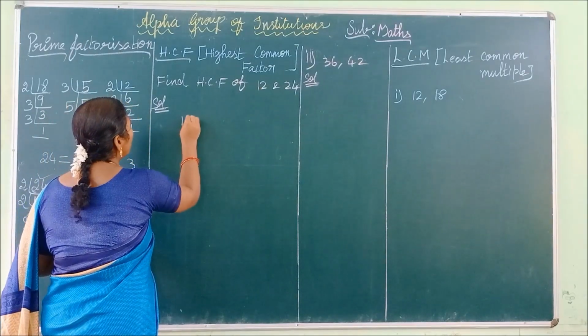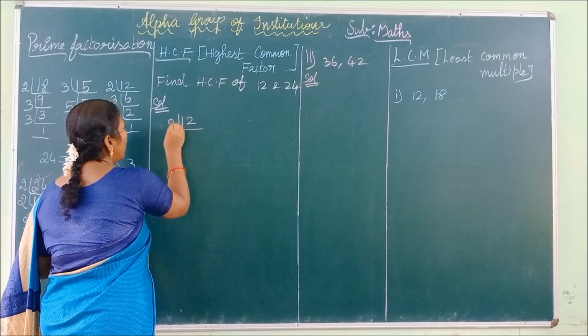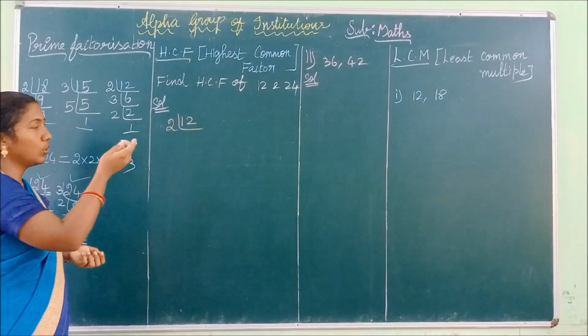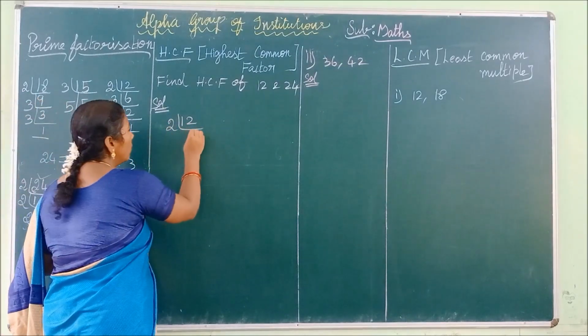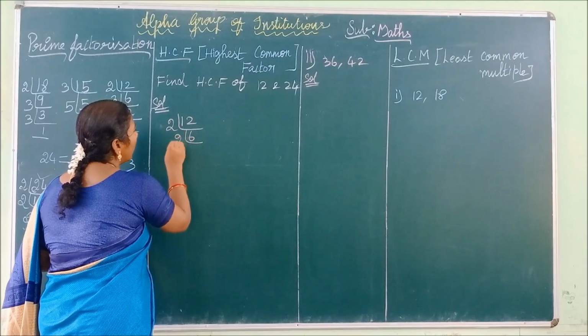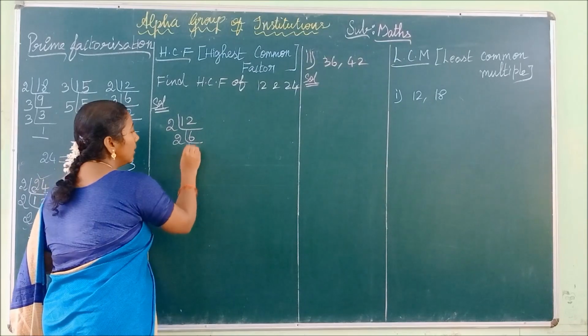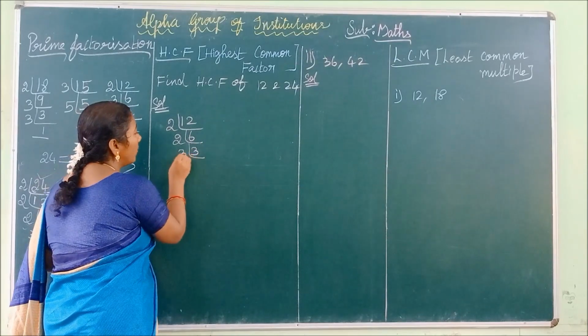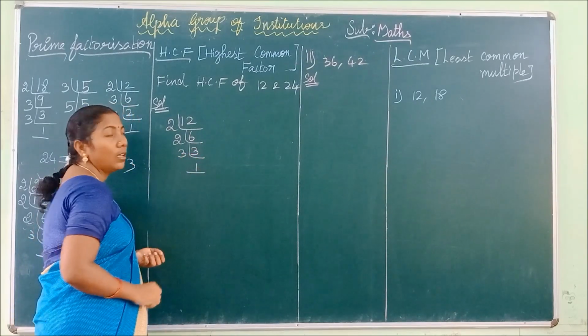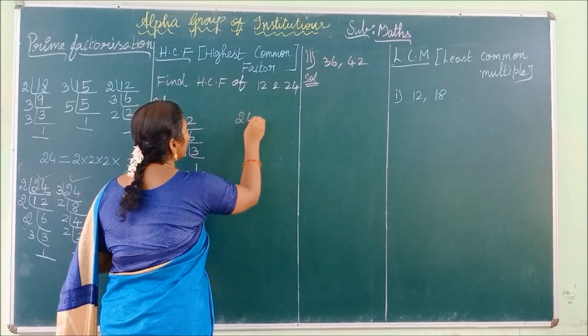Now we are going to factorize the numbers. 12 is an even number, so we can choose the divisor as 2. So 6 times. Again I am choosing the divisor 2. 3 2s are 6. 3 is a prime number, so our divisor is 3. Next our number is 24.